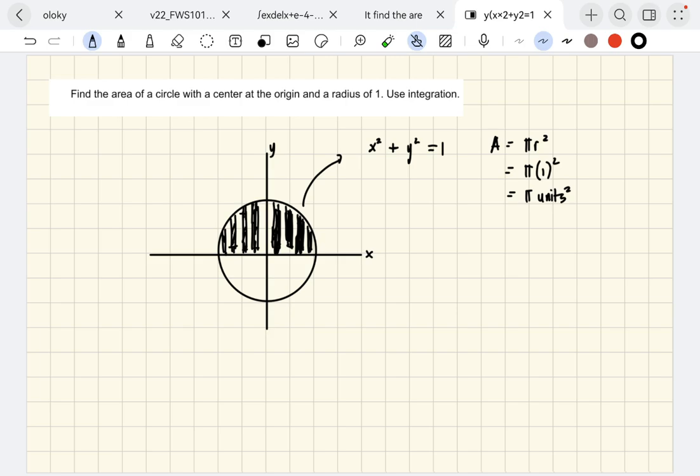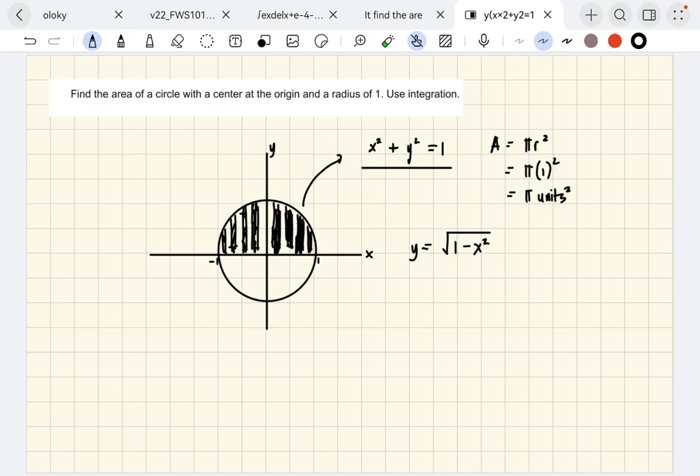If I use a rectangular strip, the variable of integration should be dx, right? And so I have to rewrite the equation of a circle in terms of x. So this would become y is equal to square root of 1 minus x squared. Since this is a unit circle, I know that this point is -1 and this one is 1, because you can just stretch 1 unit from the center and that would be your radius.